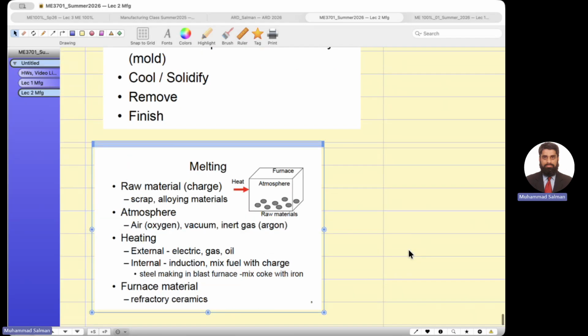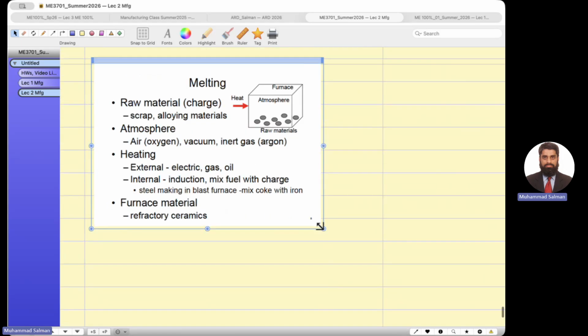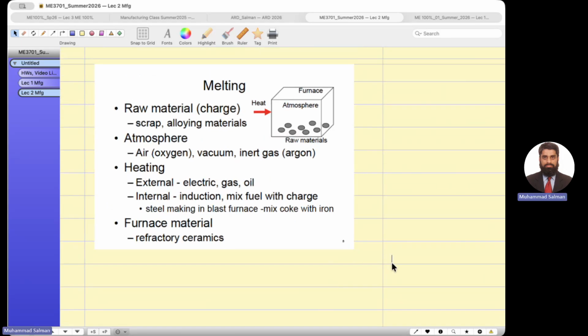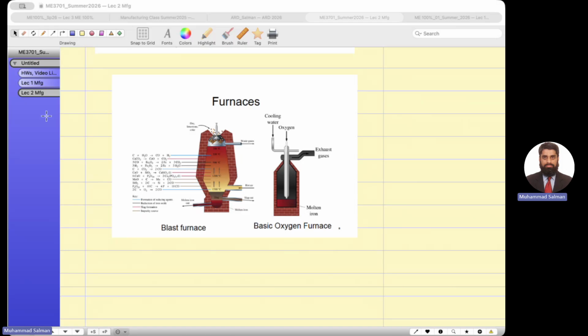Some of the slides you will study on your own when you go home, like the theoretical ones: raw material, atmospheric pressure, heating, furnace. You heat the raw material until it becomes molten, using inert gases or vacuum. There are some types of furnaces: the blast furnace and the basic oxygen furnace are used to melt the metal.